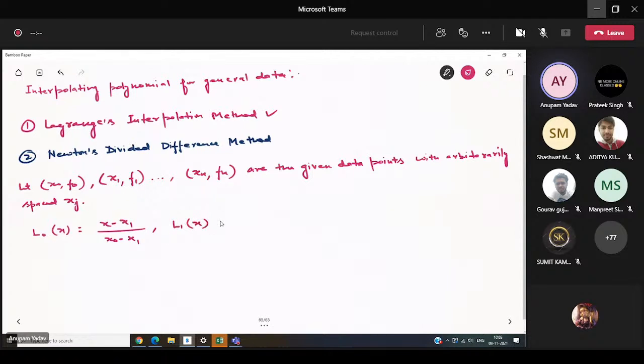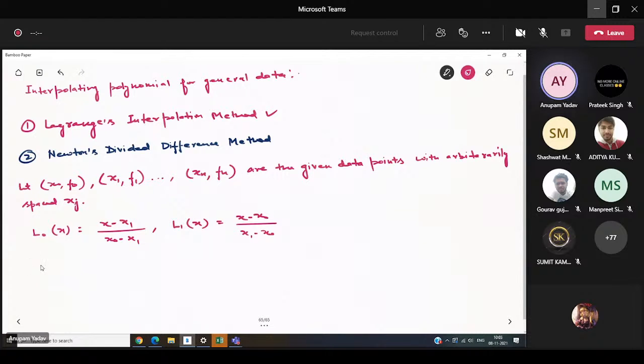L1x is x minus x naught divided by x1 minus x naught.